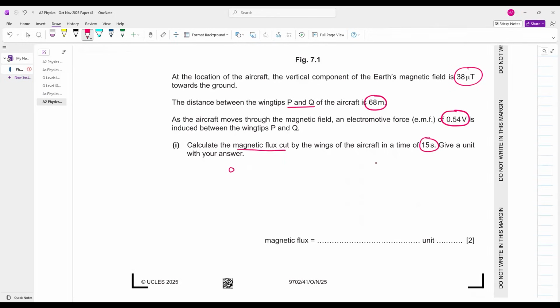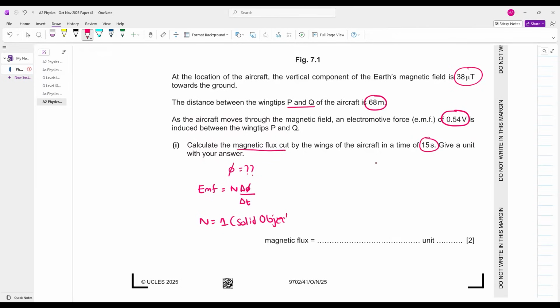How will you do that? Very easy. Do you remember, induced EMF is equal to N times change in magnetic flux divided by change in time. The value of N is equal to 1 because we have a solid object.